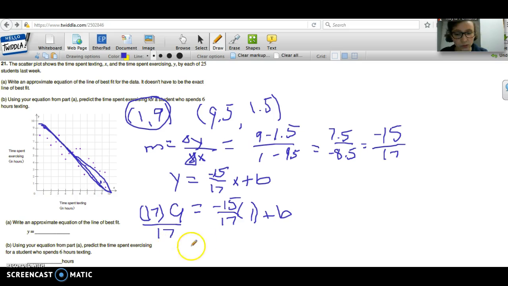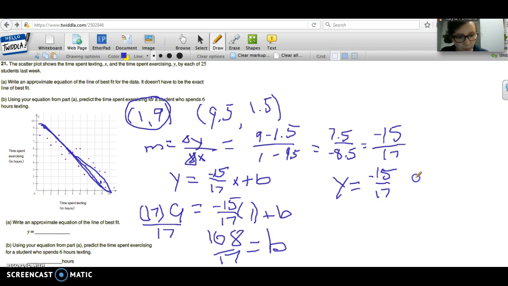Then add these 2 fractions together, and what you get is 168 over 17 is equal to b. So we have our slope and our y-intercept, and we can write the equation: y equals negative 15 over 17 x plus 168 over 17. This is our equation.